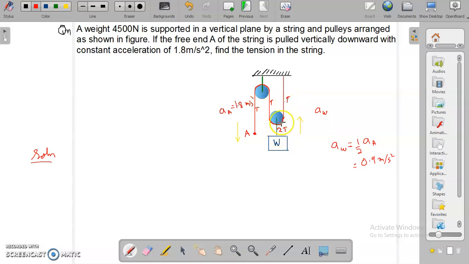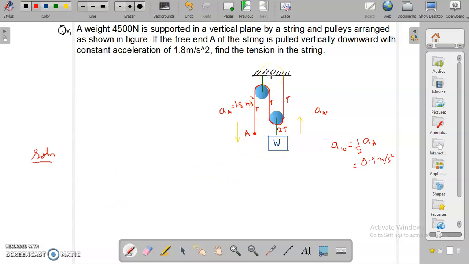While considering the weight W, you can see this pulley, as we have done in earlier problems. Here you have two strings, T each, so altogether you will have a tension equivalent to 2T over this particular string.